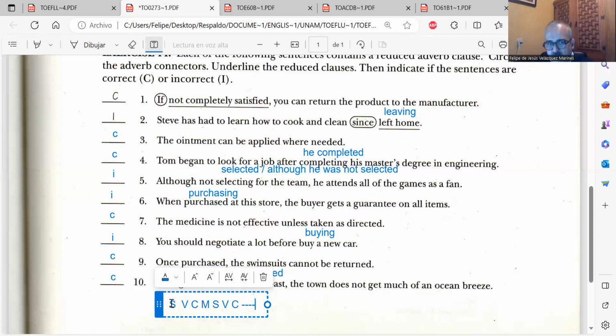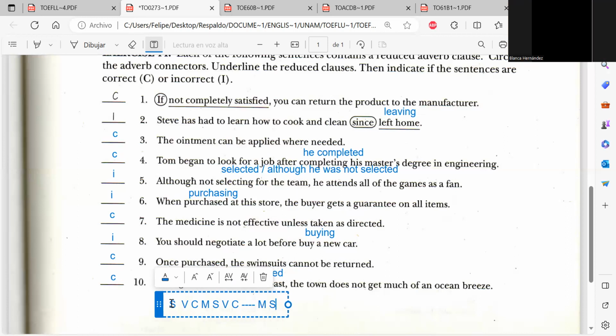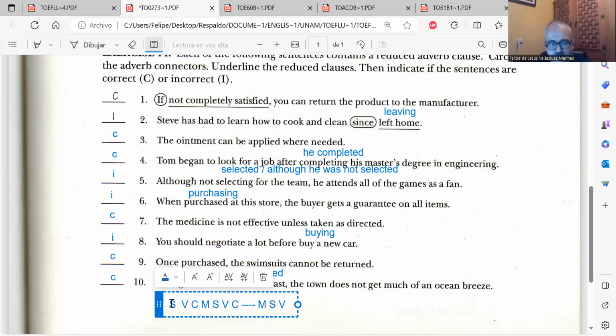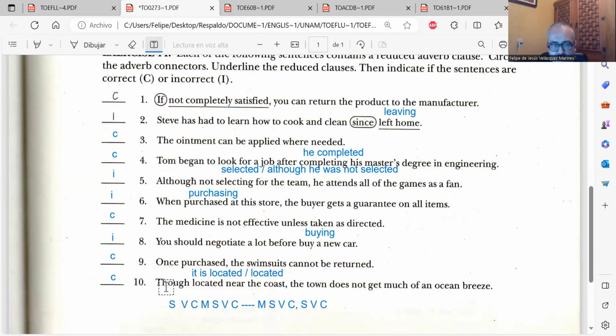But sometimes the order is inverted. Marker, subject, verb, complement, comma, subject, verb, complement. And this is what you have here. Marker, subject, verb, and complement. Although it is located near the coast.